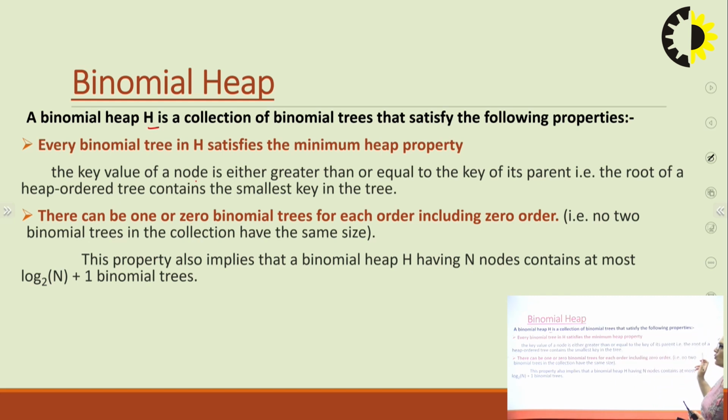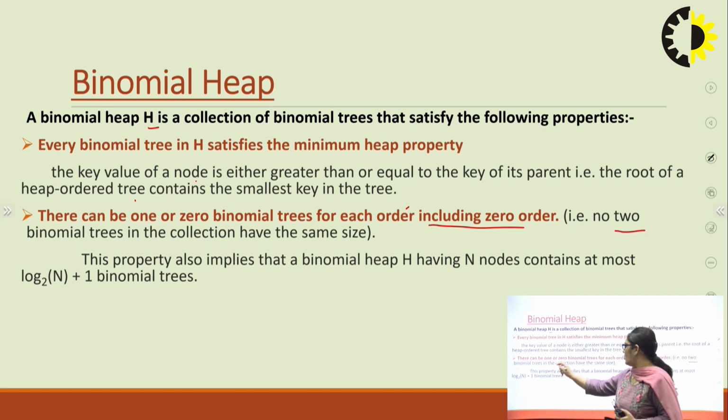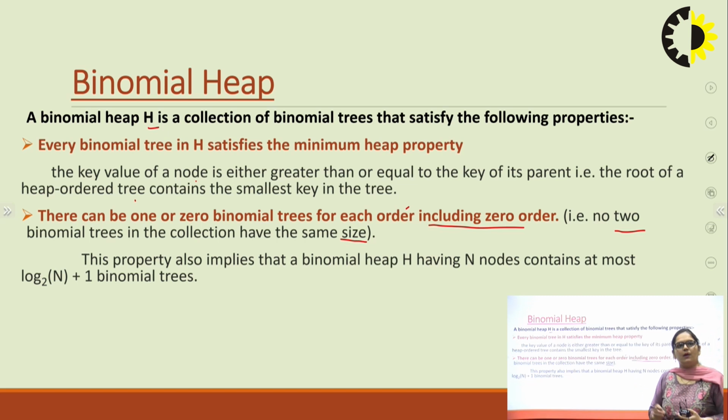That is, the root node of a heap ordered tree should contain the smallest key value in the tree. And the second property says that there can be 1 or 0 binomial trees for each order, including order 0. That is, we cannot have 2 binomial trees of the same order in our binomial heap. And this property also implies that a binomial heap H having n nodes contains at most log n base 2 plus 1 binomial trees.